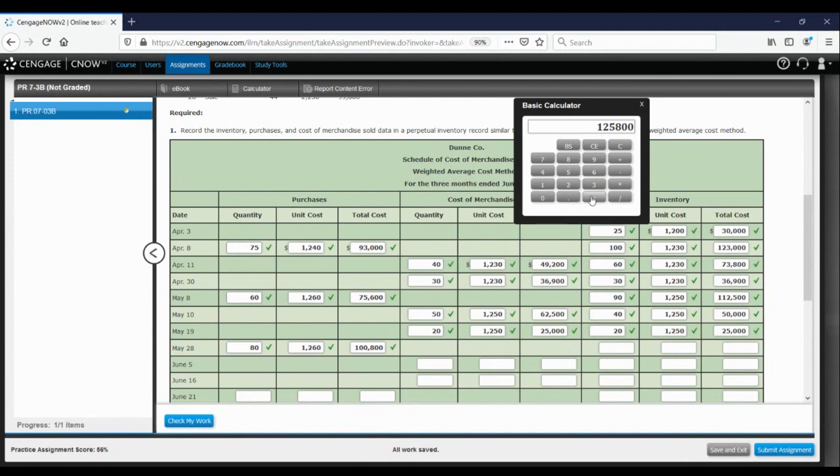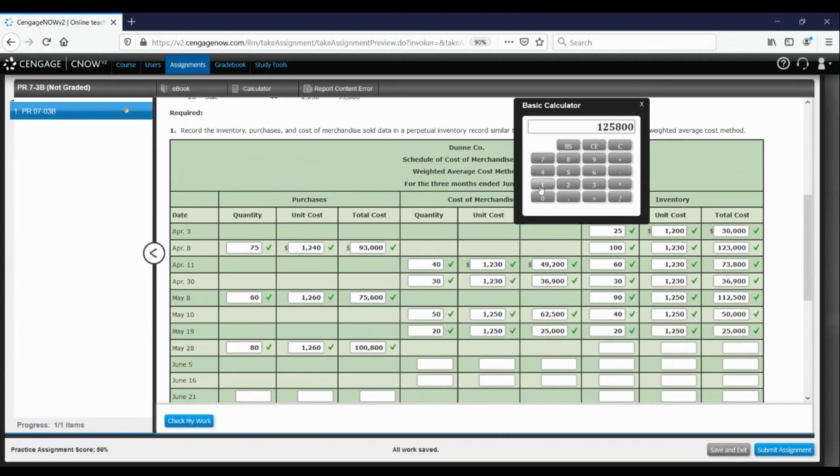That's going to give us a total cost of 125,800. And what we have to do is we have to divide this total cost by the total units that we have on hand right now. Our total units are 20 units that we had left from the last transaction, plus 80 more we just purchased.